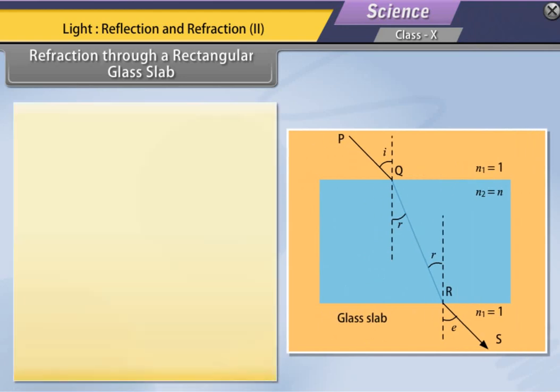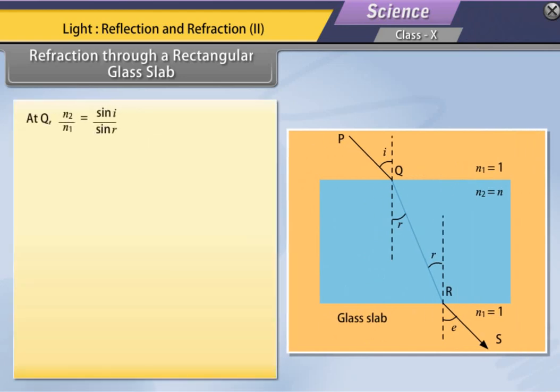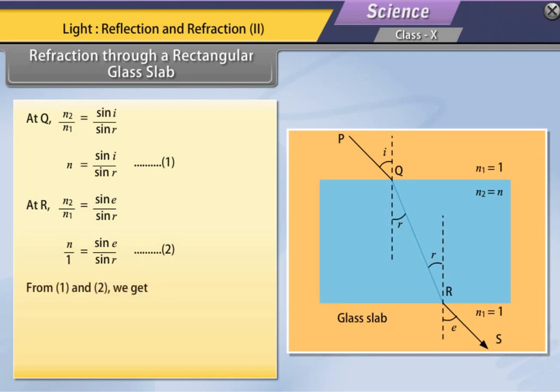By Snell's law, at point Q, n = sin i / sin r. At point R, n = sin e / sin r. From equations 1 and 2, we get sin i / sin r = sin e / sin r.